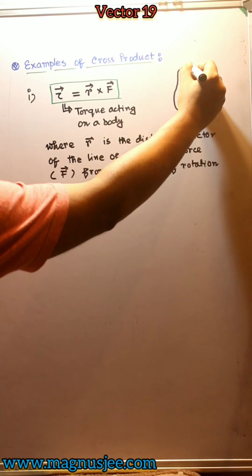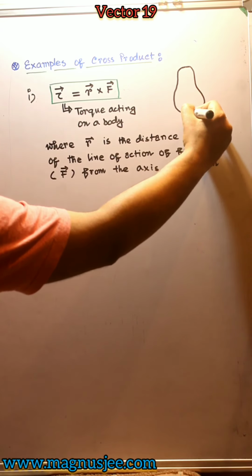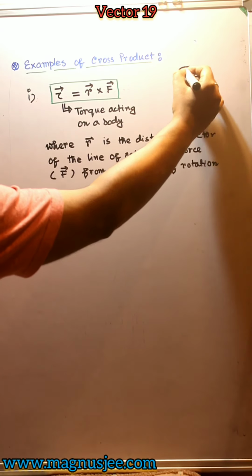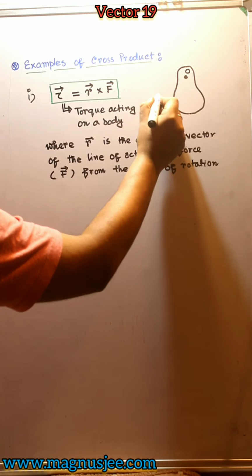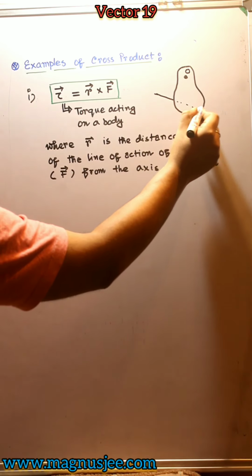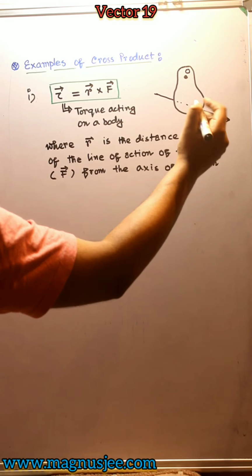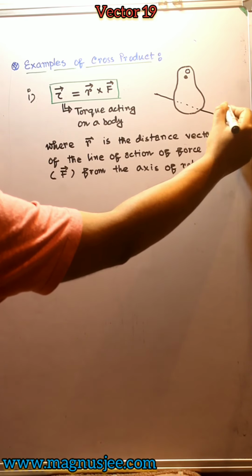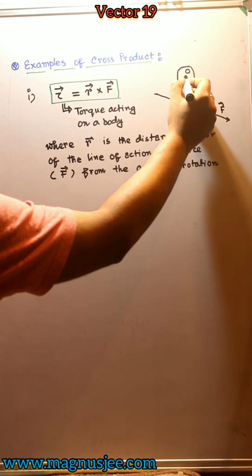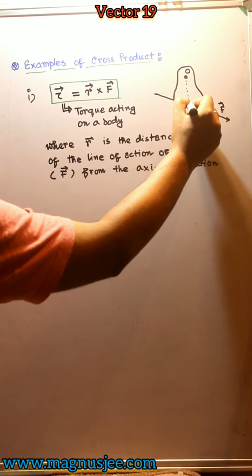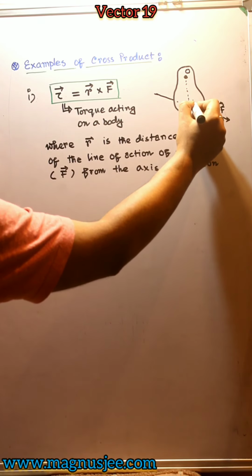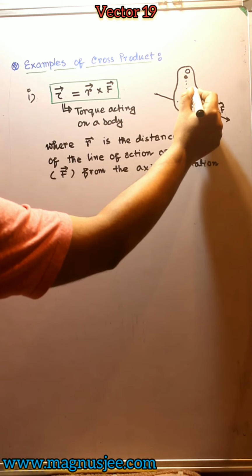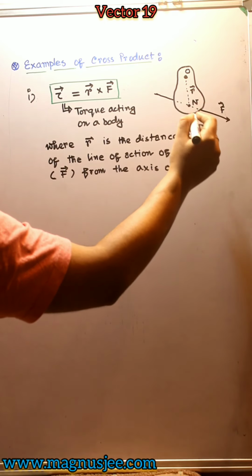We consider a point O which is fixed, and along this direction a force is acted. Vector F is acted in that direction, and this is its line. And the distance vector is vector r.